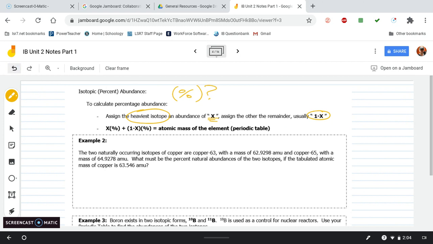So basically, I'm going to take the mass and multiply it by X, and that's going to give me the bigger piece.